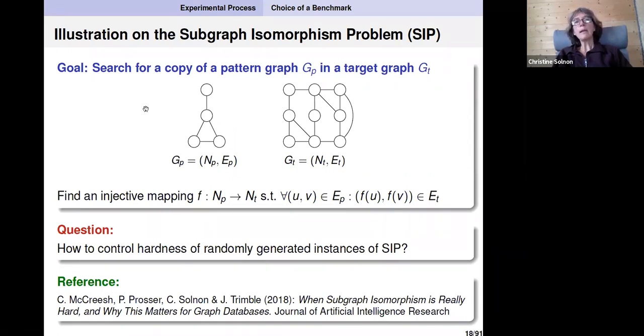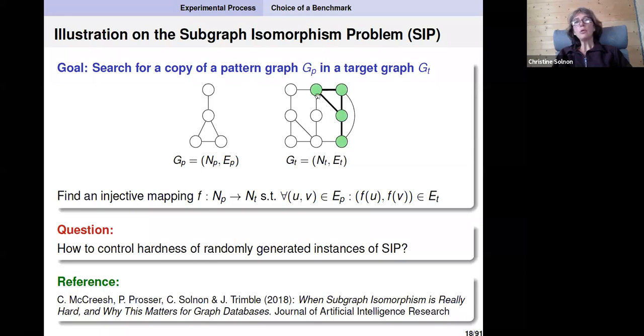For example, here we have a solution. We have more than one solution, but here is a solution. And this solution is found by mapping every node in the pattern to a different node in the target, so that the edges in the pattern correspond to edges in the target. So here we have found a solution.